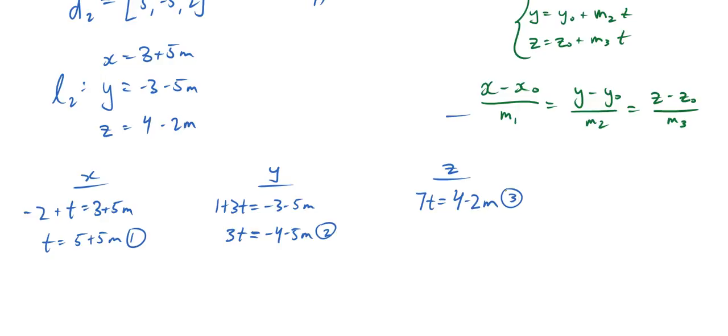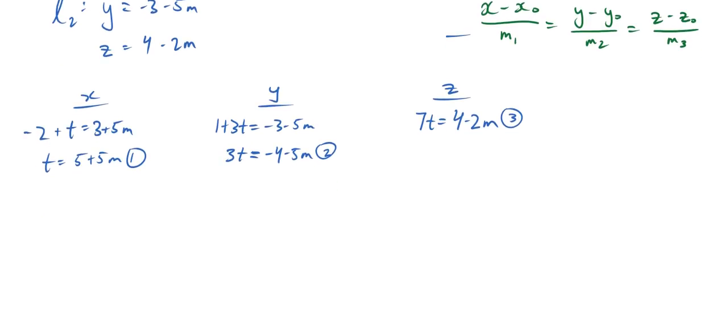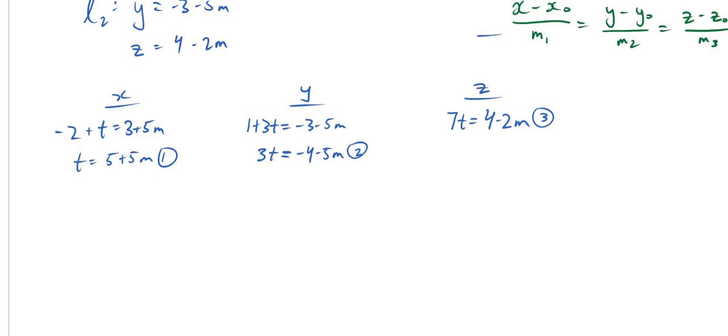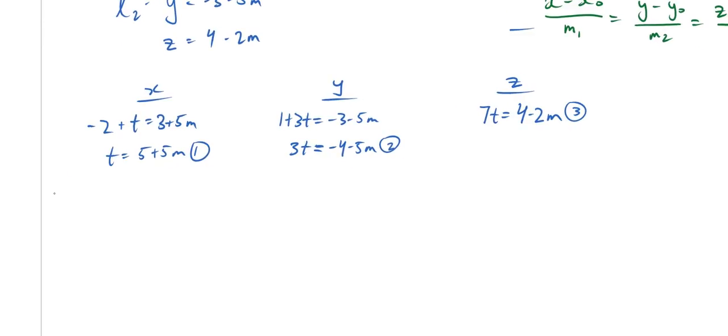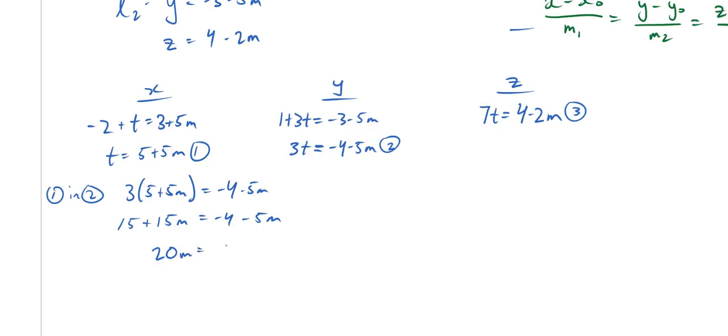If you prefer elimination, you can do that. I'm going to sub 1 into 2. Negative 19/20.